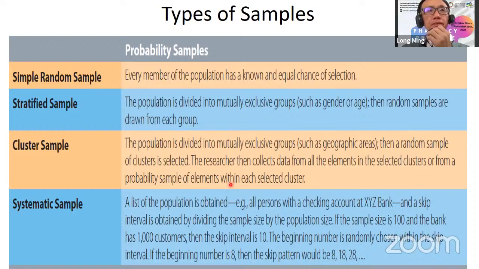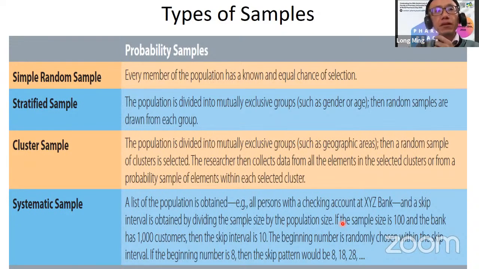The fourth one is systematic sampling. If you see the description, it's a bit wordy, so let me explain. Now you have a list of the population, let's say the customers of one bank, XYZ bank.